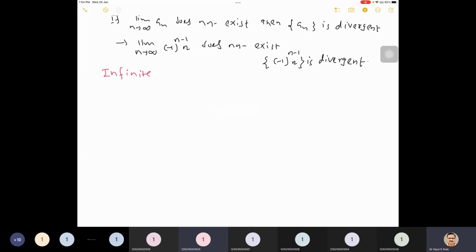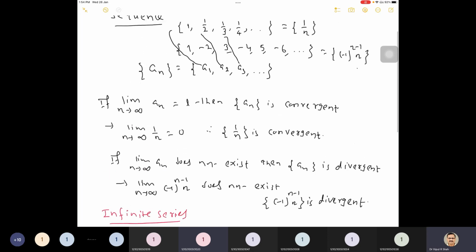So this is an infinite series. Now you know about the sequence. Okay. So what is an infinite series? An infinite series is nothing but, if you have a sequence an, then you take the sum a1 plus a2 plus a3, these terms of the sequence.